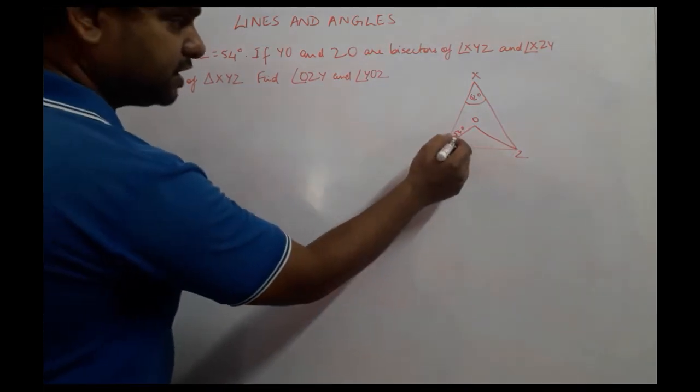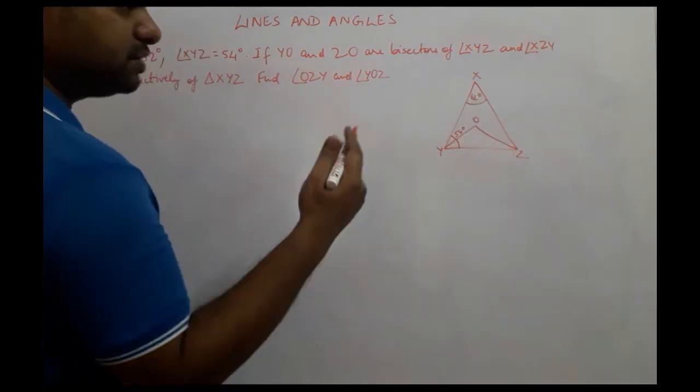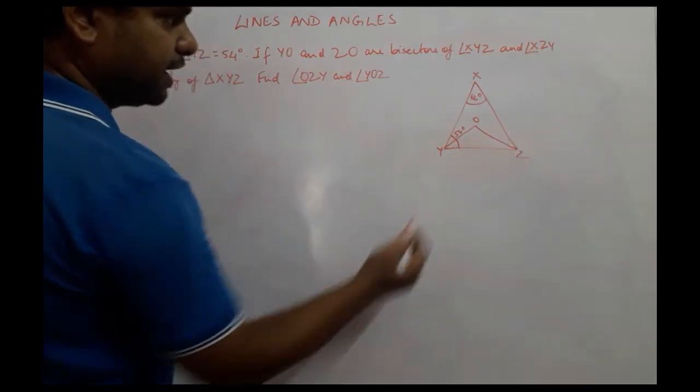So let's begin with what we have been given. We have been given this entire angle, so we'll use the angle sum property to find out this full angle.